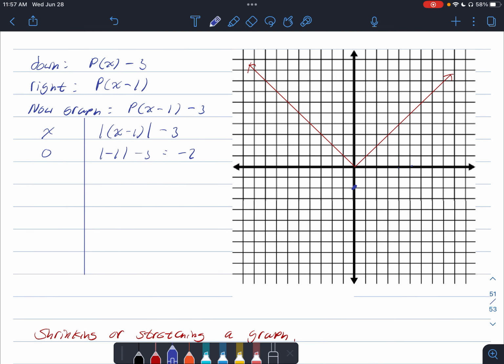Let's try maybe the point -1. So we'll have the absolute value of -1 minus 1 minus 3. So -1 minus 1, that's -2. The absolute value of -2 is 2. 2 minus 3 is -1.